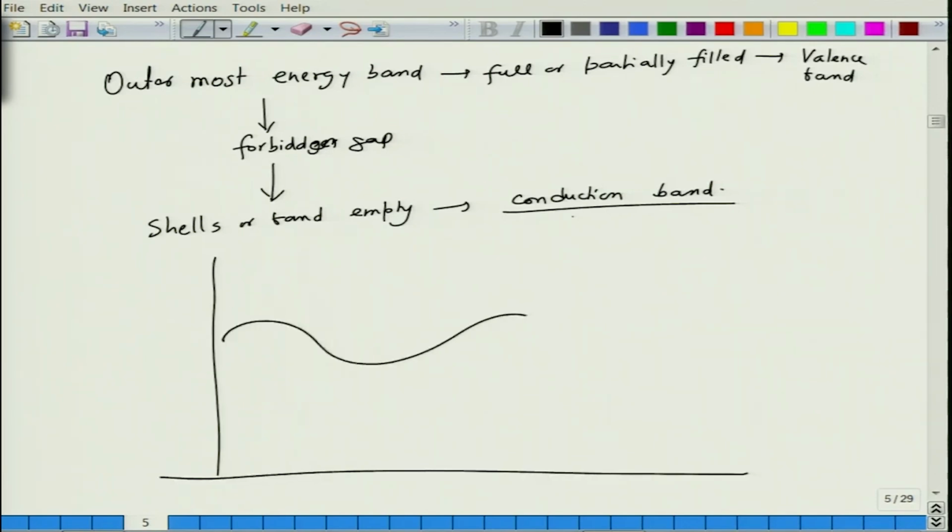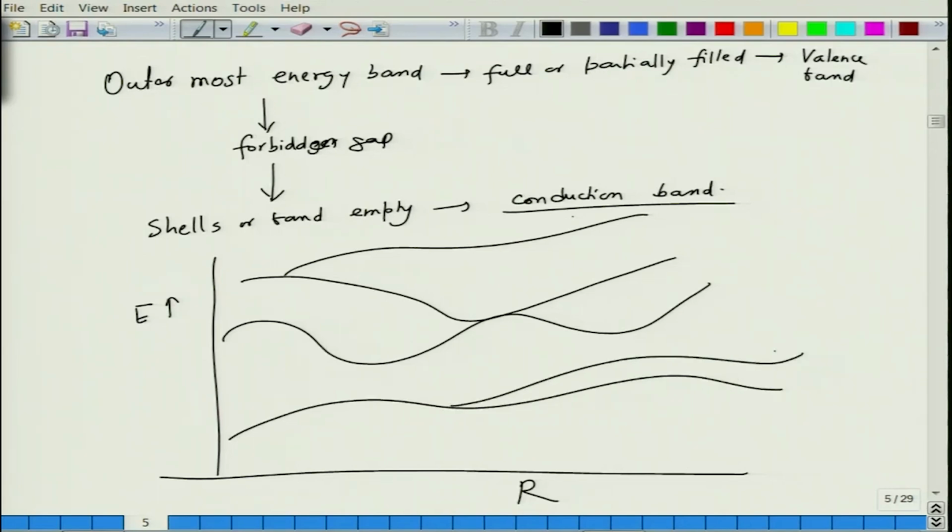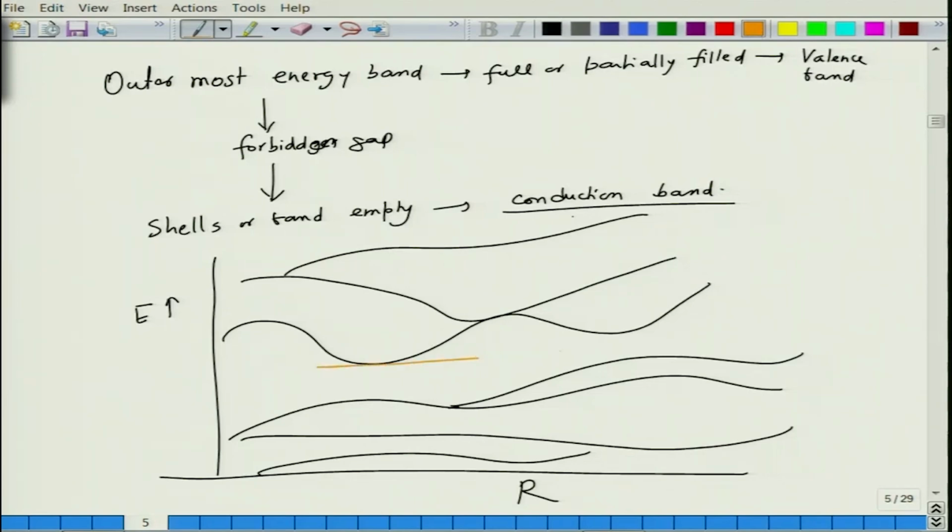If you look at a more global picture, the energy states may be like this for a given material. Let us say this is E, this is K. So, you can have energy states like this, and then energy states like these, and so on and so forth. This is a hypothetical representation. We can see that there is a clear gap here between these two points, and this gap is the forbidden gap.